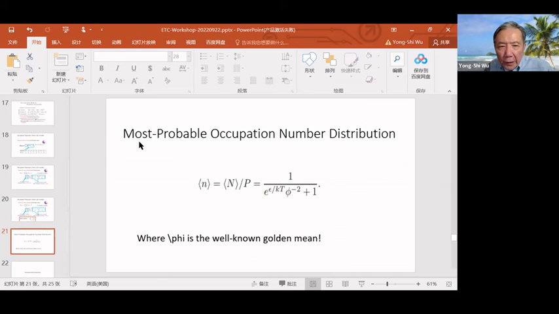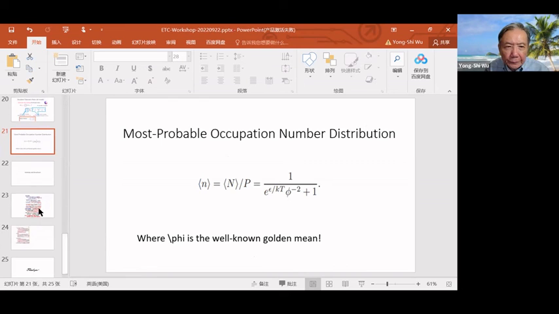Then finally, we get the most probable occupation number distribution of the following form. What's interesting is that we can see an irrational number called the golden mean actually appears in the most probable occupation number distribution.